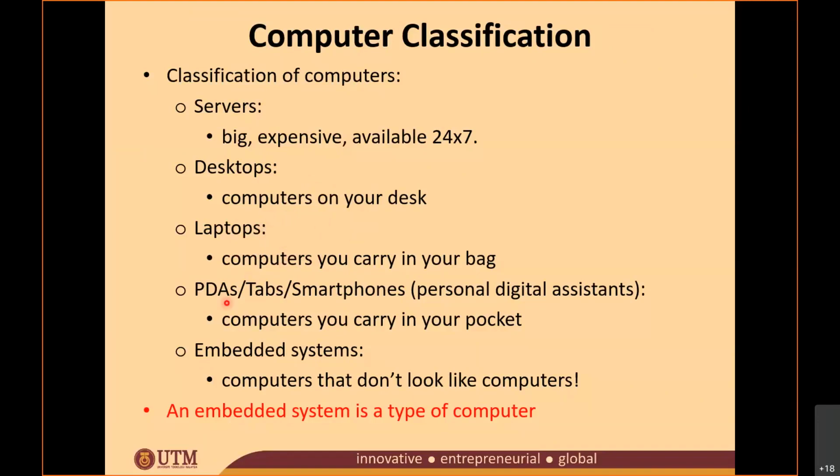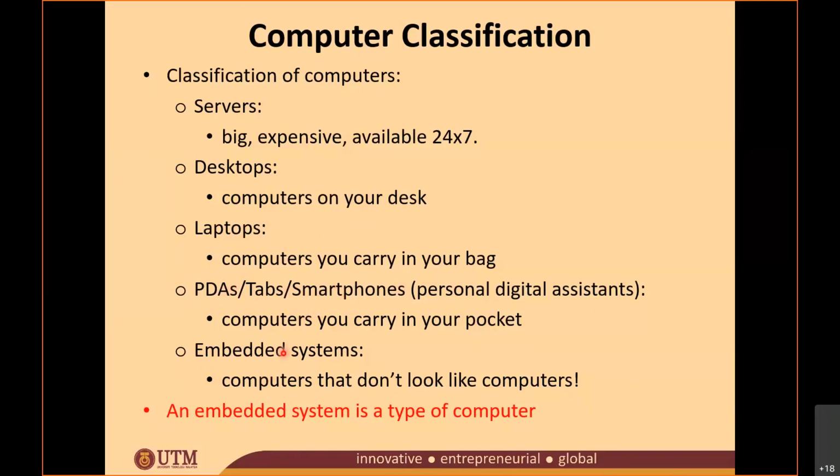Then we have a PDA, tab, and smartphone. PDA stands for personal digital assistant. Before the smartphone and tab existed, there was a device called a PDA, and after that it evolved into the tab and smartphone. So this one here, PDA, tab, and smartphone, is a computer that you can carry in your pocket.